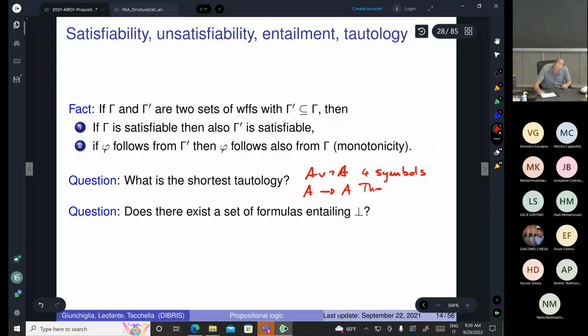This is just 3 symbols. There's also another one with just three symbols using the ones we defined. It's easy. Think of the symbols you have defined.